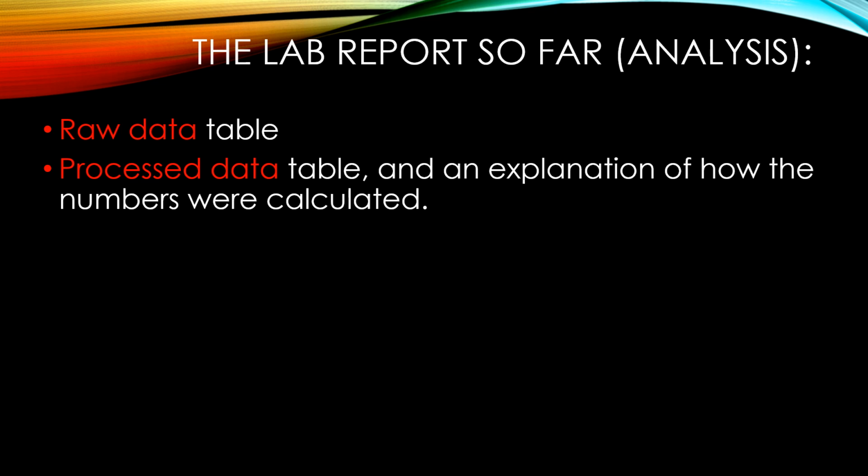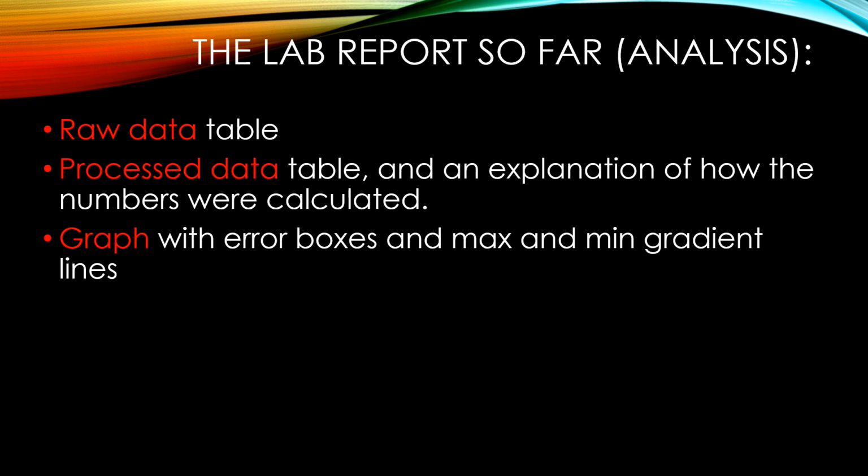So for the example of dropping the ball from a range of given heights, the quantity you need is t squared, not t, because you're going to be plotting h against t squared, so the process data will show t squared and how you calculate the absolute uncertainty in t squared, because you're going to need that for the graph.